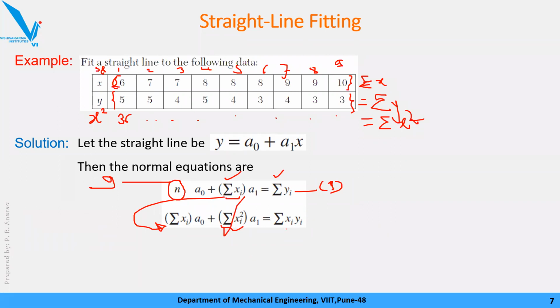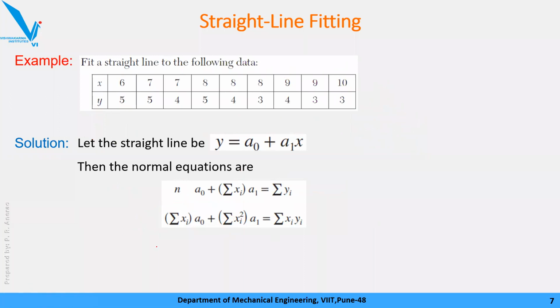I need summation of x into y. Okay, that means I need one more thing, x into y. So 6 into 5, 7 into 5 and so on. I'll do it. उसके बाद सब ये जो कॉलम होगा उसका समेशन कर देंगे, summation of x into y. Okay, so we obtain that.